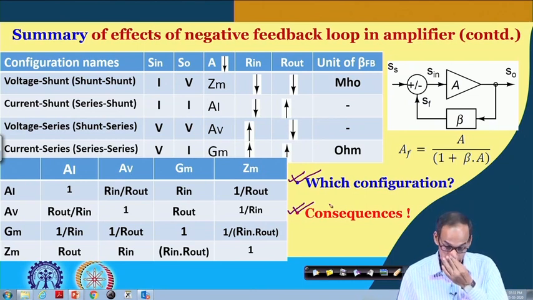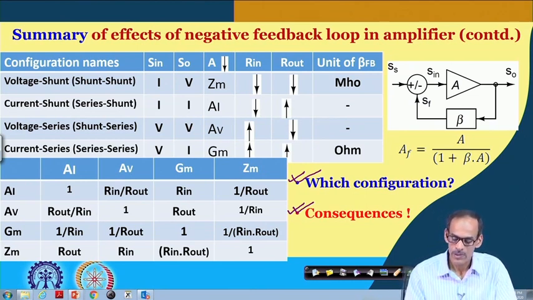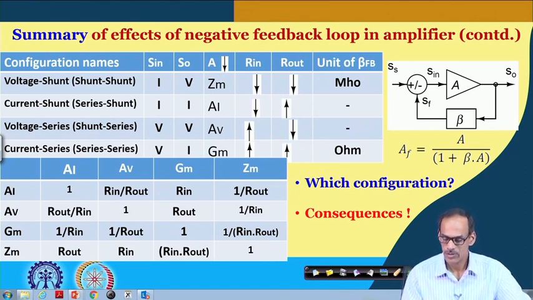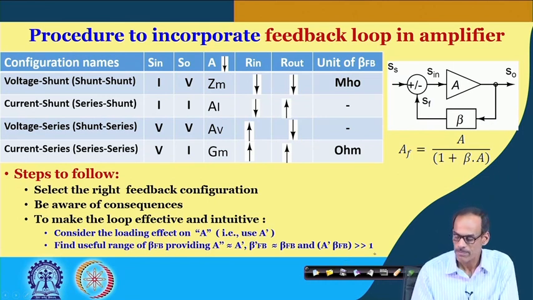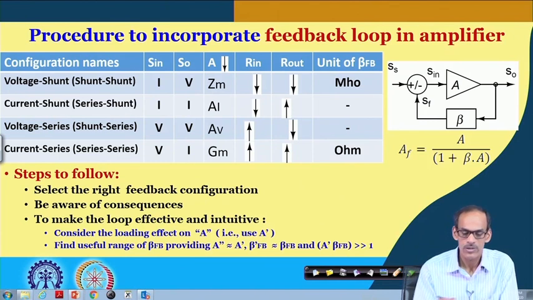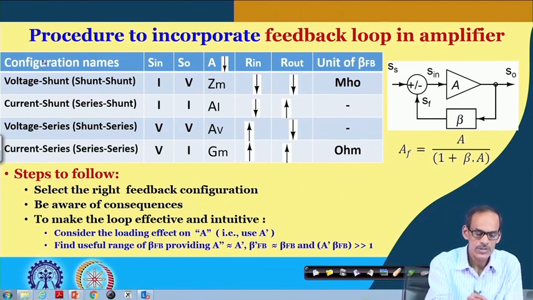Now, let us look more towards the actual circuit then. Let me also summarize some other aspects. We do have this table, which gives us the information about how to select the configuration.